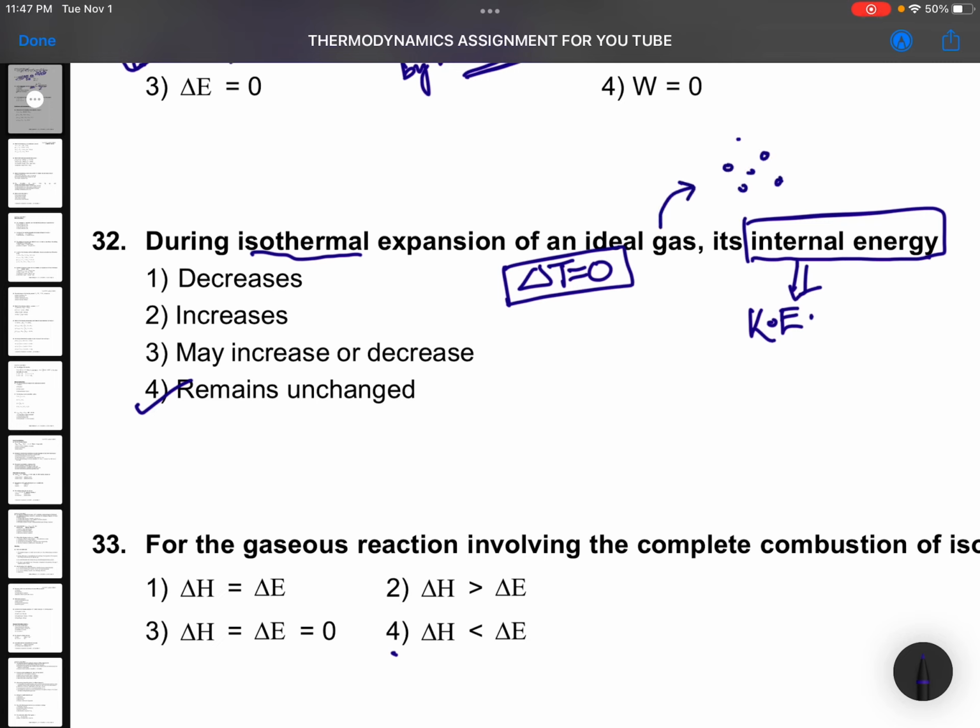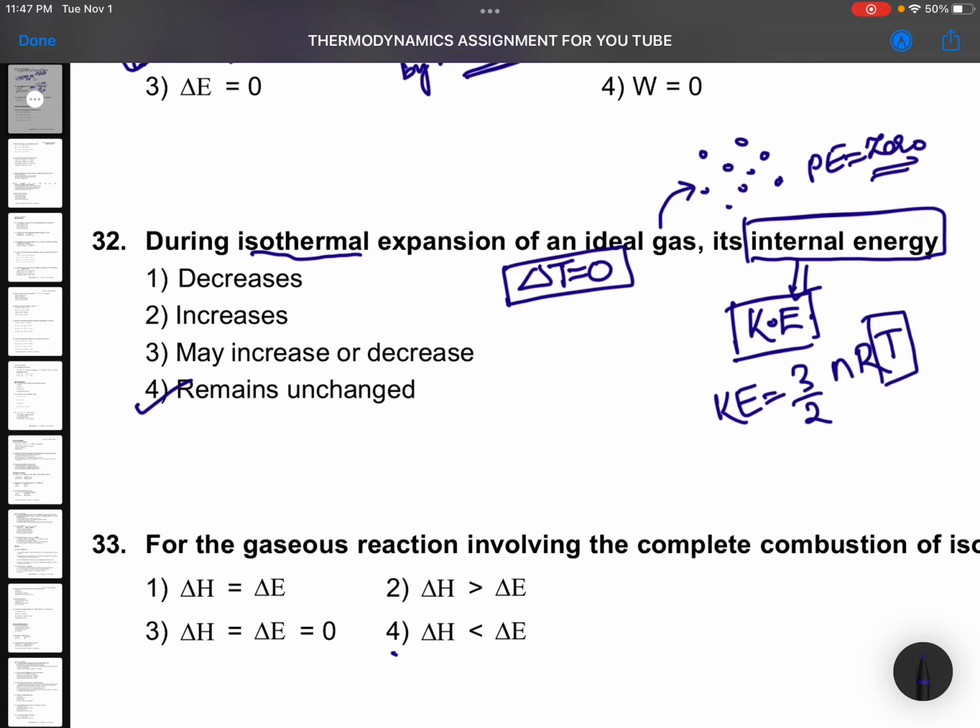When there are no attractive forces between the molecules, the potential energy is 0. So whatever energy is there is nothing but kinetic energy, and kinetic energy we know is 3 by 2 nRT for the gas molecules. When temperature is constant, kinetic energy is also constant. That means internal energy will be unchanged, constant.